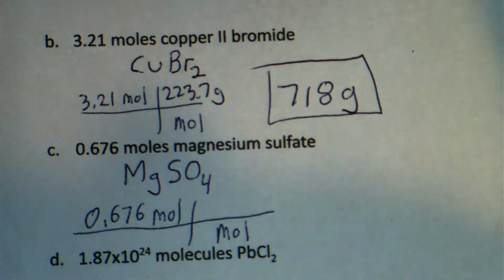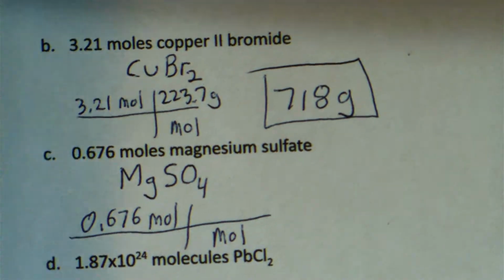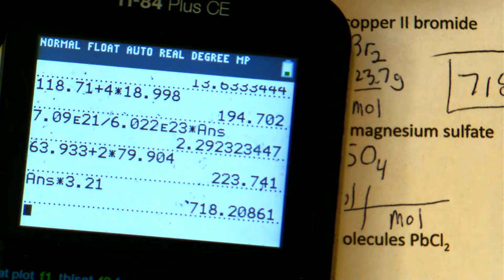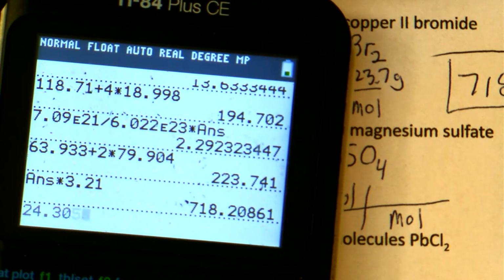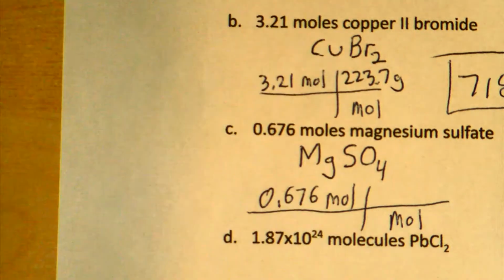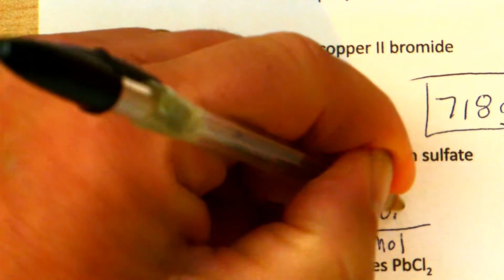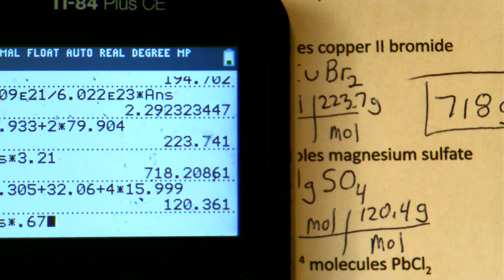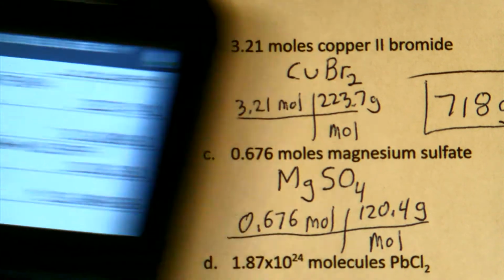That means, firing up my periodic table and calculator, I'm going to sum together the mass of one magnesium atom, 24.305, plus 1 sulfur atom, 32.06, plus 4 oxygen atoms, each one is 15.999 grams, and I get 120.4 grams per mole. So if I multiply that times 0.676 moles, I get 81.4 grams.